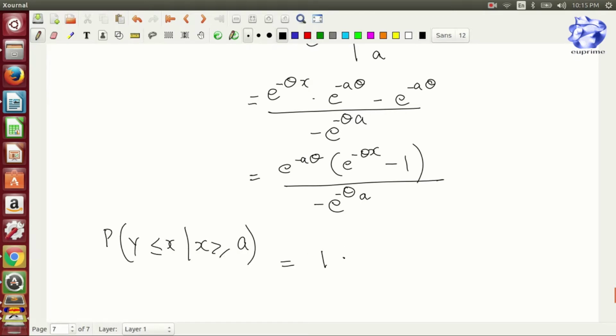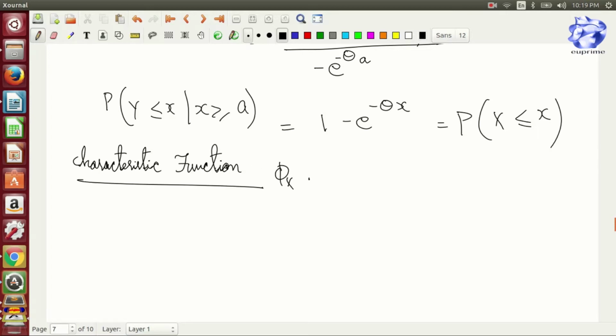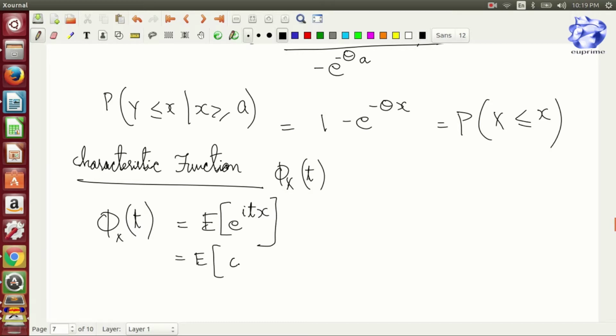So here we go, we get our distribution function, which is P(X less than or equal to x). Now we can also find the characteristic function using Euler's formula, that is e to the power i theta is cis theta, that is cos theta plus i sin theta.